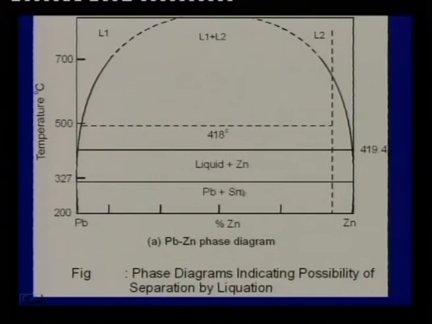So, if you have an alloy of this composition, if you go to that temperature, it will produce a liquid with lead percentage so much, zinc percentage so much, and the relative proportions will depend on the lever rule. So, this is one way from an alloy we can separate out the components simply by heating.